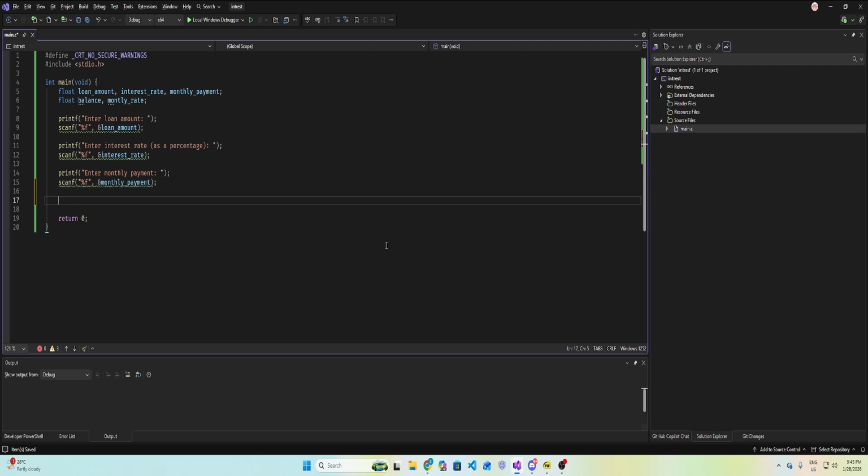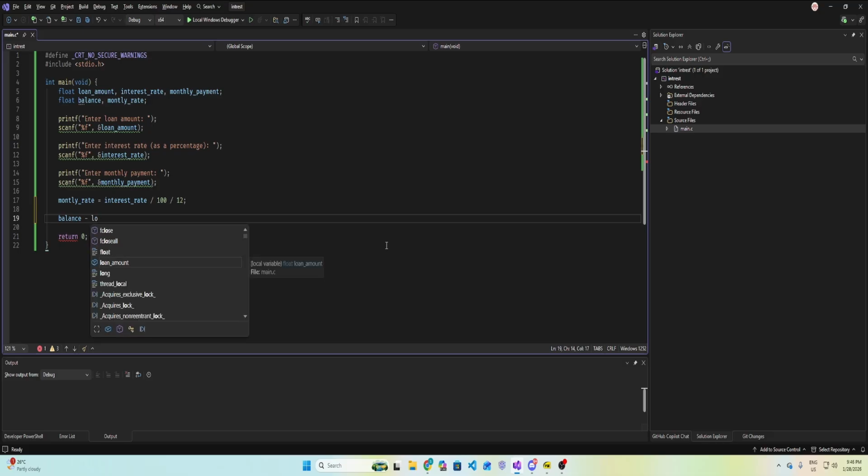Okay. So the monthly rate will be interest rate into a percentage and divided by 12. I think that's what that means. I think so. Then the balance would be loan amount.